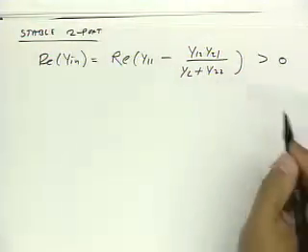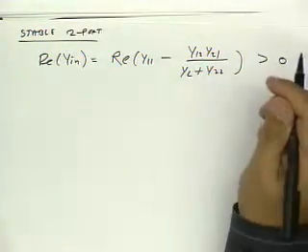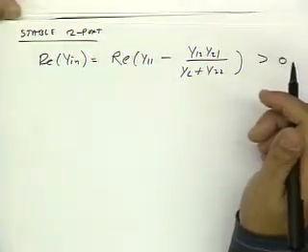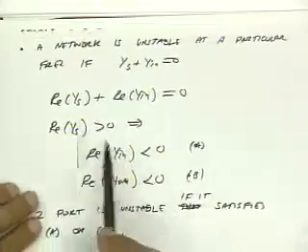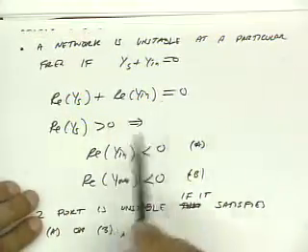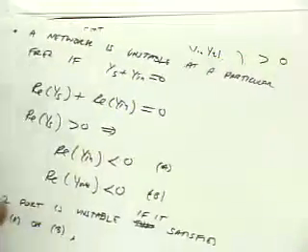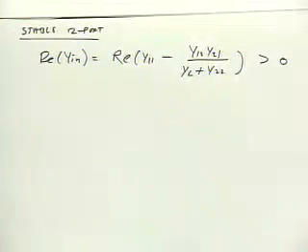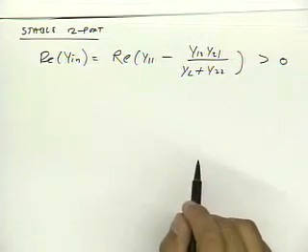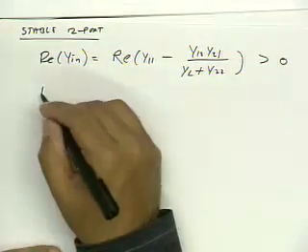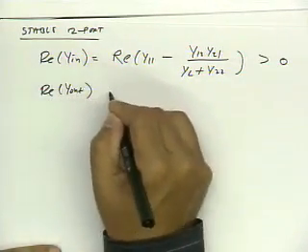The opposite is true: if it's bigger than 0, then it's stable, because then this equation can never be satisfied, right? If this is positive and this is positive, they can never sum to 0. Therefore, obviously, it's stable. And I can write a similar equation for the real part of Y out.